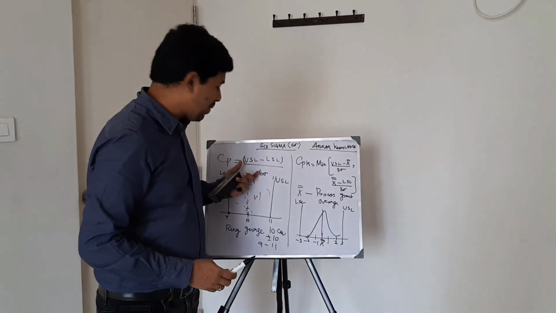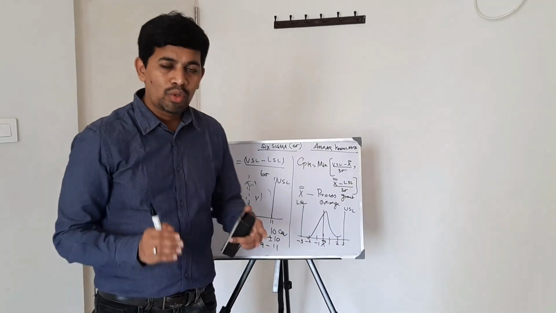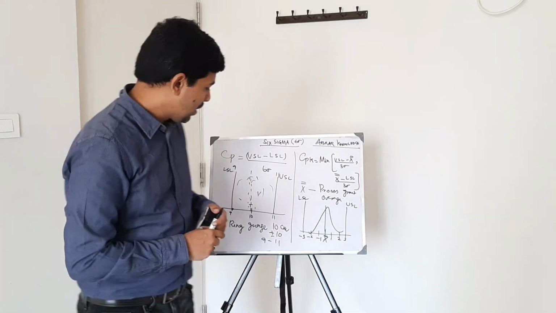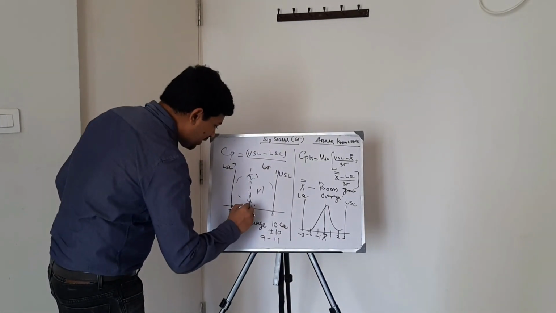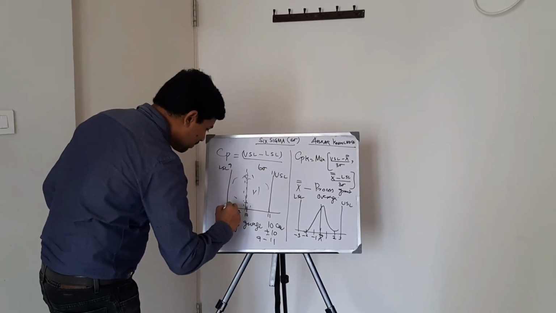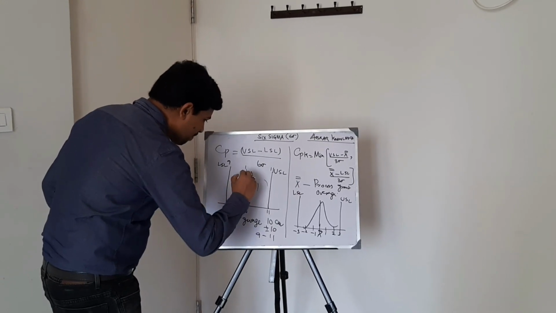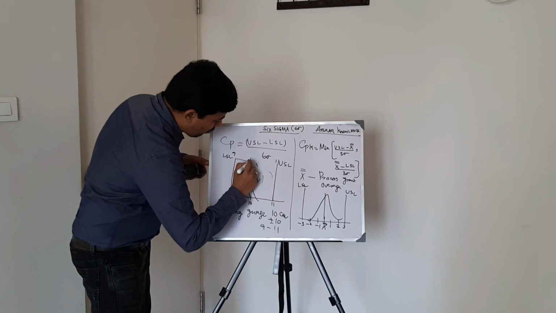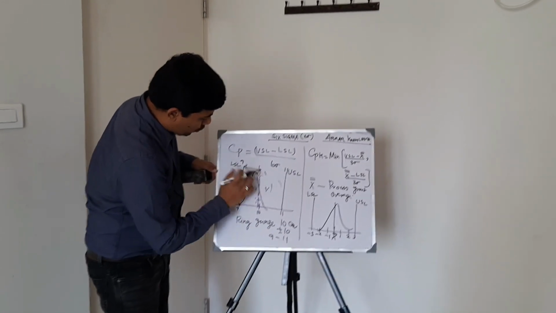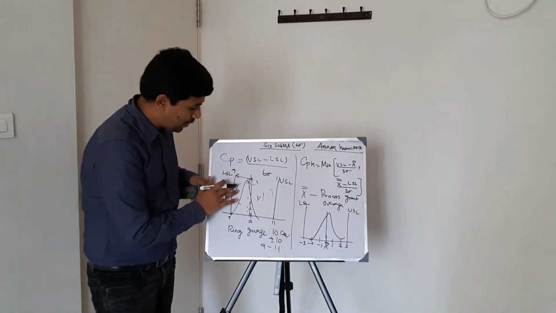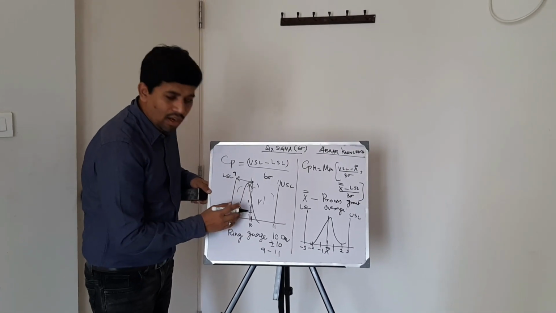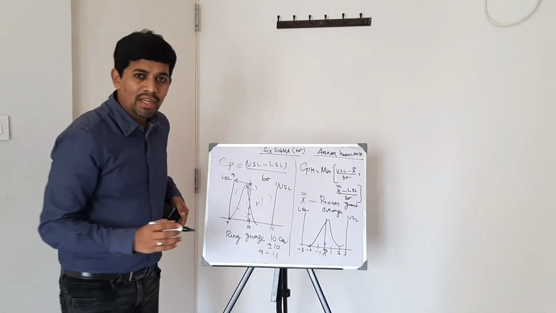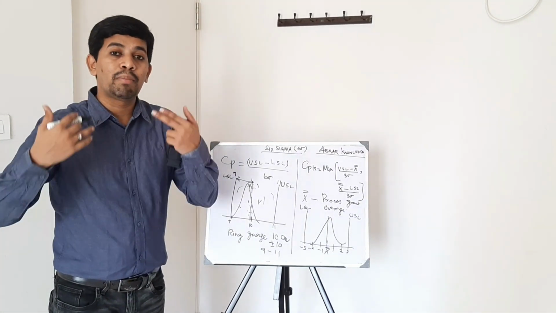It mainly talks about the centeredness of the process. But in this particular case, the only downfall of CP is, let's say you're meeting the specification like this. Most of the values are between 9 to 10, it is still acceptable, but the rejection chances are much higher.